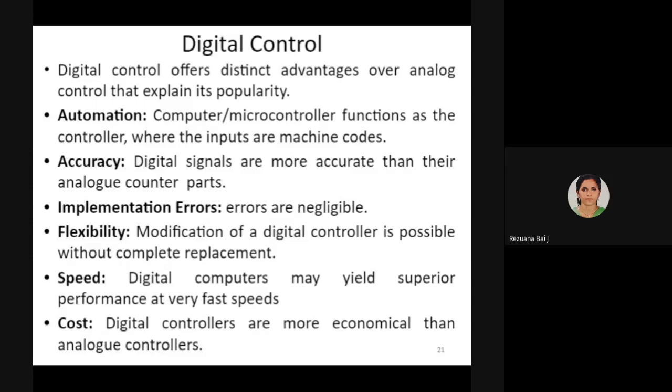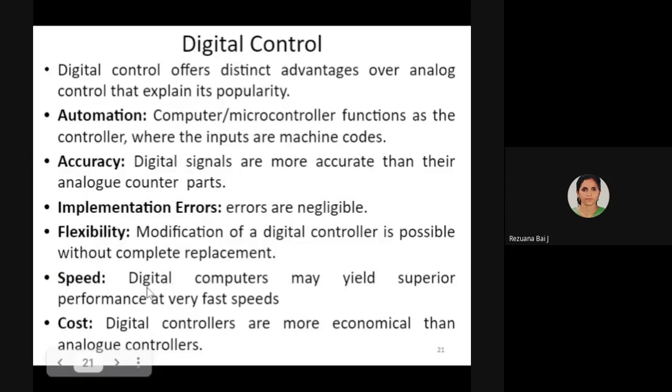By modifying lines of code, the controller and its design are modified. So modification of the digital controller is possible without a complete replacement of the original controller, as we have to do with the analog controller. That is the flexible nature of digital control.